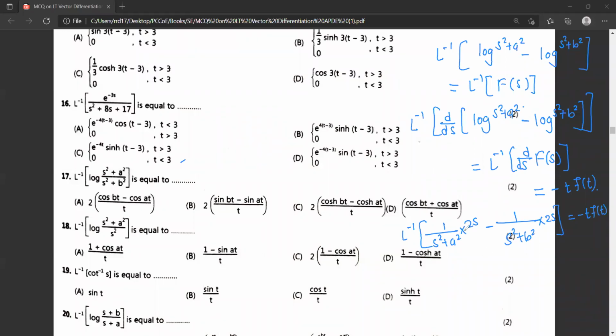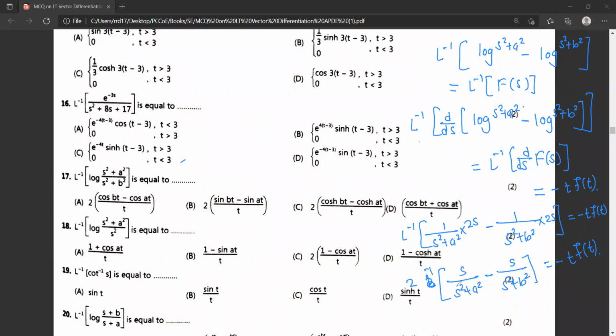फाईन. आता हा जो 2s आहे what I'm going to do, I'm going to take 2 common. So 2 common घेतला ब्रॅकेट मध्ये आला 2 L inverse of s upon s square plus a square minus s upon s square plus b square is equal to what? Minus TFT. Are you getting my point? Answer me.